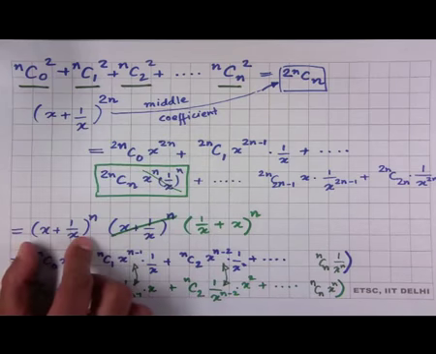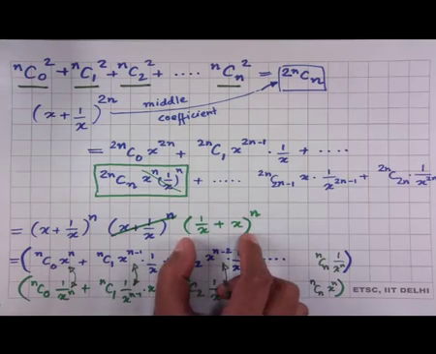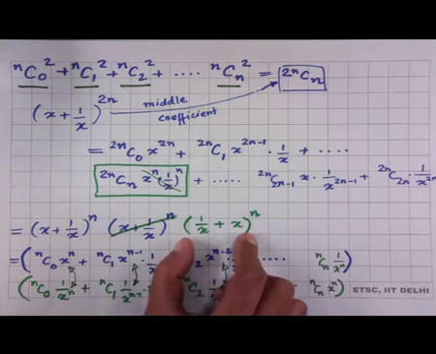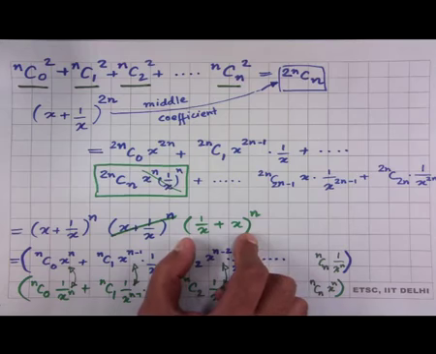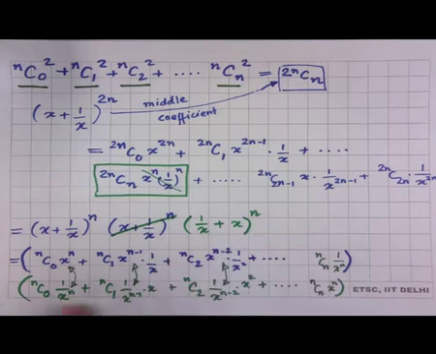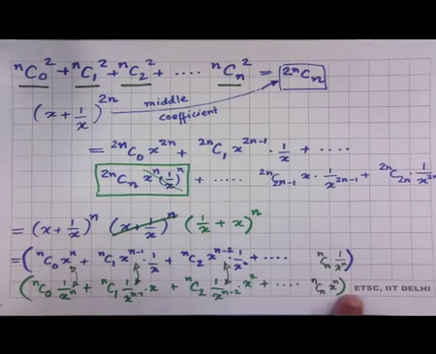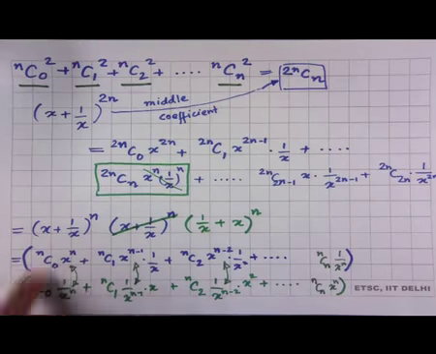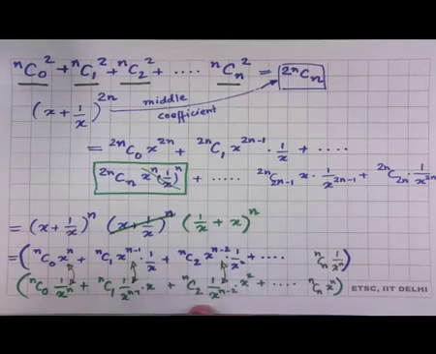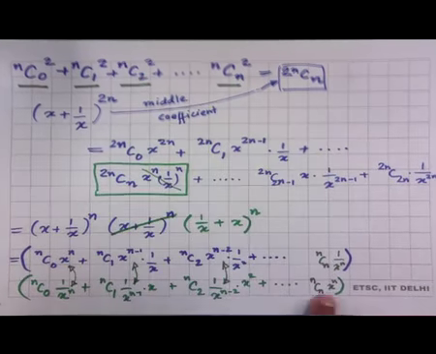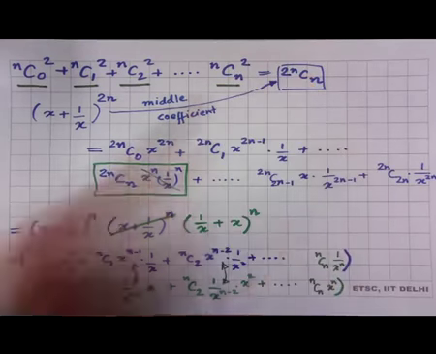We said maybe we can write it as x plus 1 by x whole power n times 1 by x plus x whole power n, right. And what is the coefficient of the term which does not have an x in it? So, you expand one, you expand the other, and then you find out that n c 0 squared plus n c 1 squared plus n c 2 squared and so on, that has got to be equal to 2n c n.